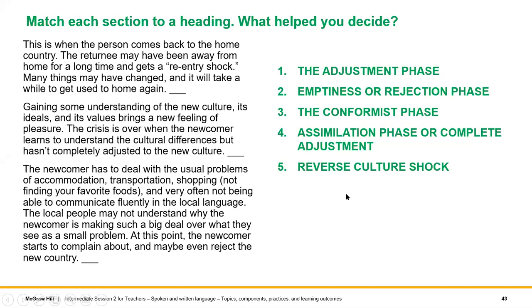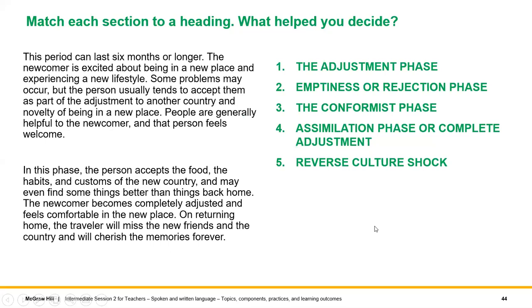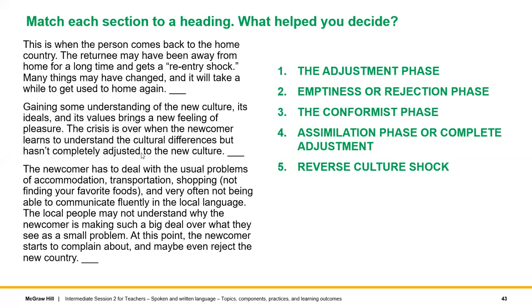Okay. 5, 1, 3. You said 2, 4. Don't look in the book. Paragraph 2 is 1. That's what you think. Okay. 5 and then 1. And then?